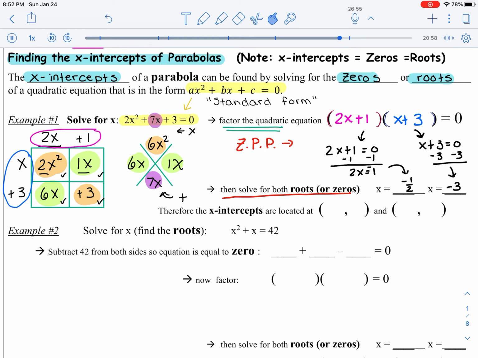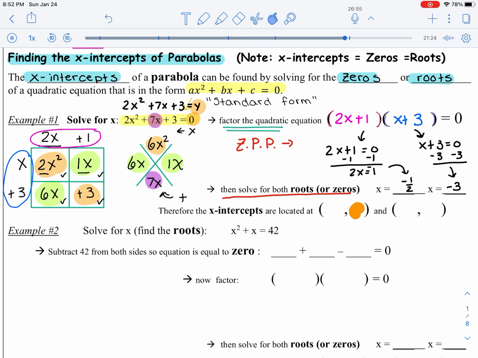Now, we're solving for x-intercepts. That's telling me that if my equation had originally started in the form 2x squared plus 7x plus 3 equals y, that I made my y value equal 0.